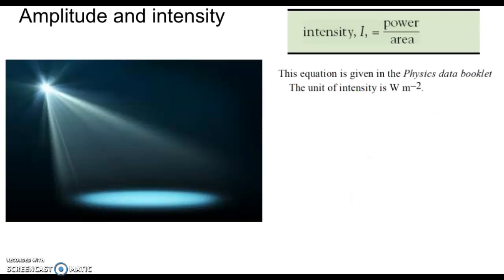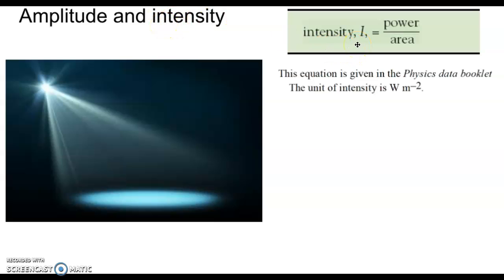So far we've talked about a number of different aspects of waves, but we haven't mentioned energy. Now, energy, as you should remember, is a scalar. It's a quantity which defines the potential to do something. Energy comes into waves via the concept of intensity.